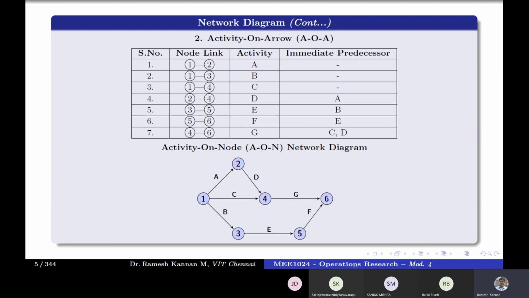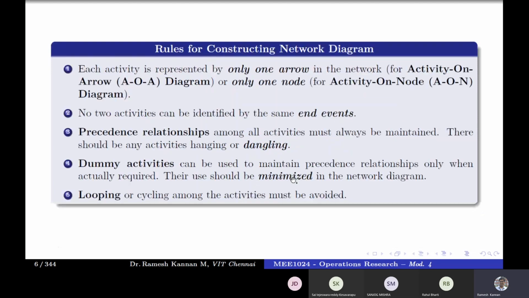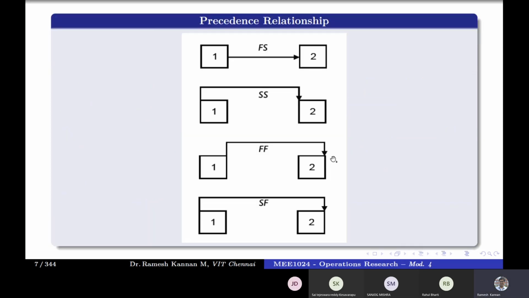Otherwise, it will have a zero duration, but the network logic remains the same. We should not give too many dummies in the network diagram, otherwise the realism of the network diagram will not be achieved perfectly.